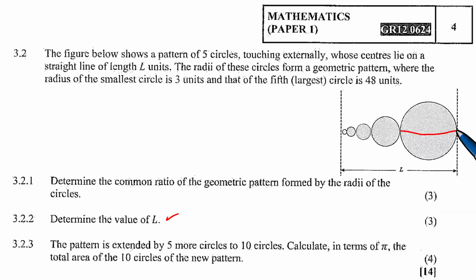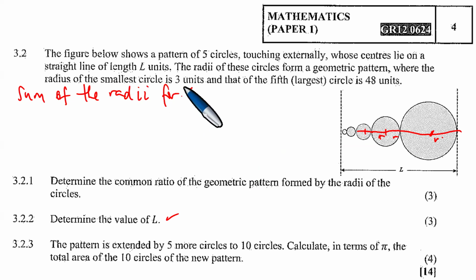So take this diameter here, which is formed by radius, another diameter here formed by radius, and so on and so forth. The sum of the radii for 5 circles.